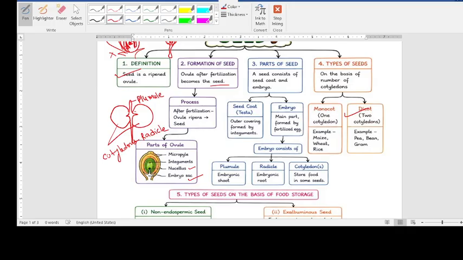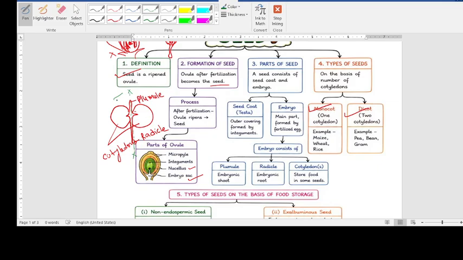And if it consists of a single cotyledon, as in case of maize, which we will discuss later on, it is called a monocot seed. Now here we have to discuss the structure, like what is the embryonic axis, what is epicotyl, what is hypocotyl, that we will see. So this portion, which I am drawing, starting from the radicle till the plumule, this complete straight line is called the embryonal axis.